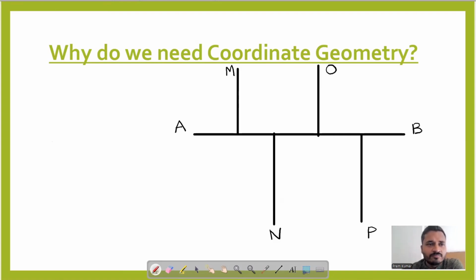Perfect. Now, there are lots of houses. Suppose this is house number 1 on street M, house number 2 on street M, house number 3, and the same goes with all. Like house number 1 on street N, 2, 3, and house number 4 on street N. Same goes with house number 1, 2, 3 on street O, and house number 1, 2, 3, 4 on street P, right?